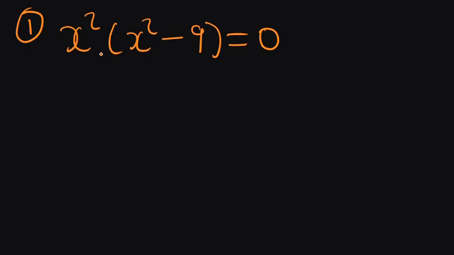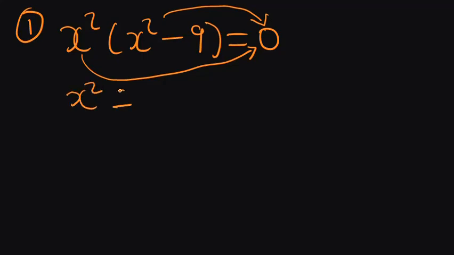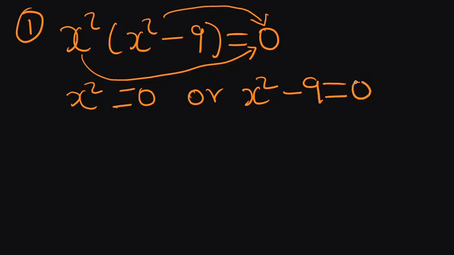Now, if we have an equation like this, we know that this part is equal to 0, and also this part inside the bracket is equal to 0. Now, let us write it. x squared is equal to 0, or x squared minus 9 is equal to 0.